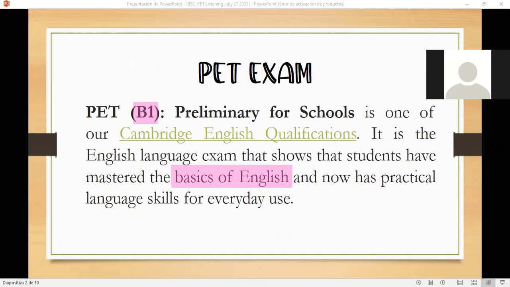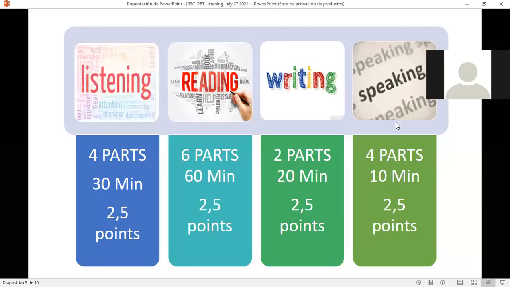Okay, what is this exam about, or what do we have in this exam? Well, this exam is going to grade 4 skills. Well, indeed, it's 5 skills, but grammar is also included in the listening and reading sections.